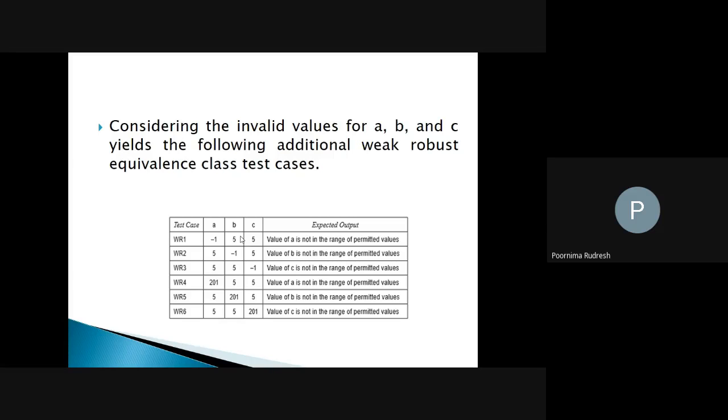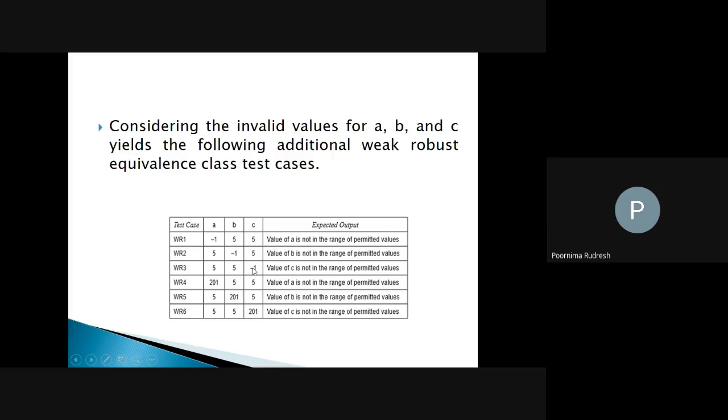Weak robust and strong robust equivalence test cases are constructed by considering two parts. One is the weak part and the robust part for weak robust. Similarly, for strong robust, one is the strong part and the other one is the robust part that we are considering, right? So here we are considering weak robust equivalence class test cases. So here six different test cases are identified, which consist of the invalid values also.